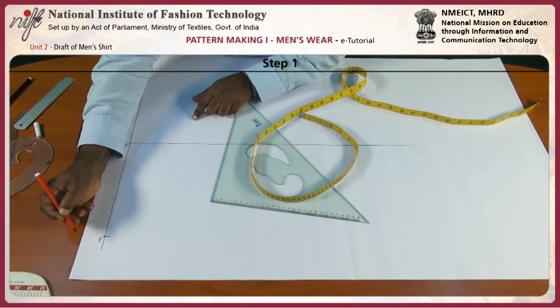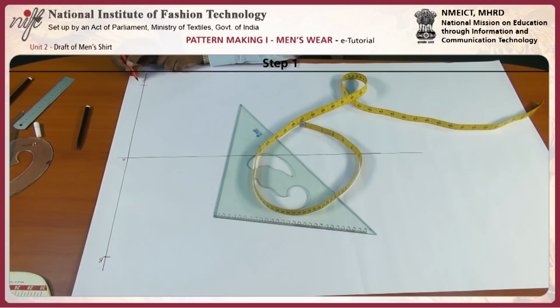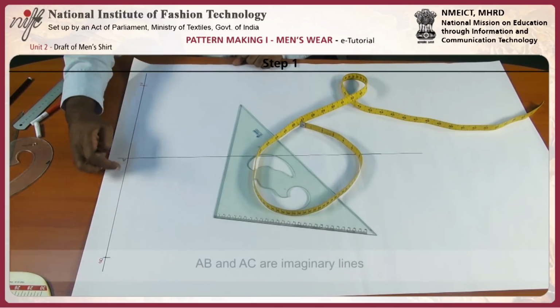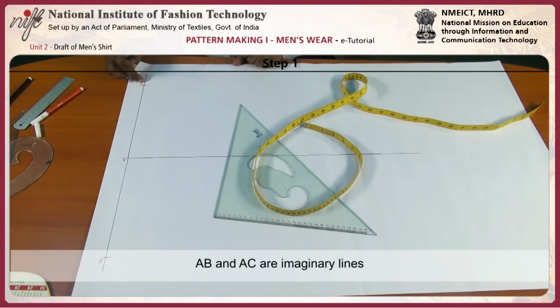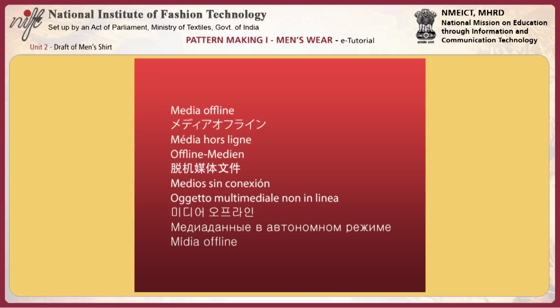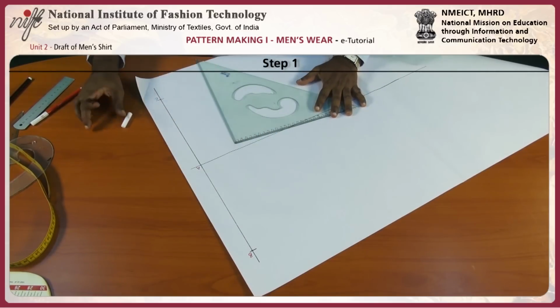Point B and point C. AB and AC is called imaginary line. That is total line. BC is an imaginary line.